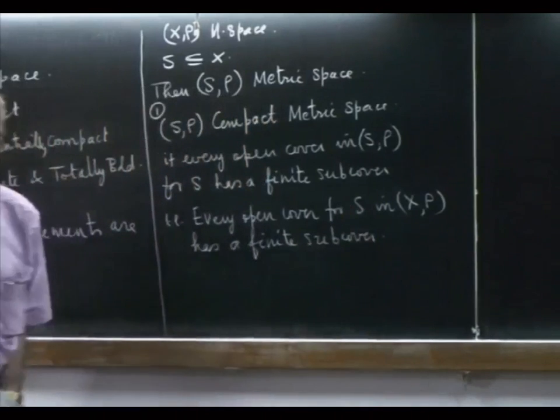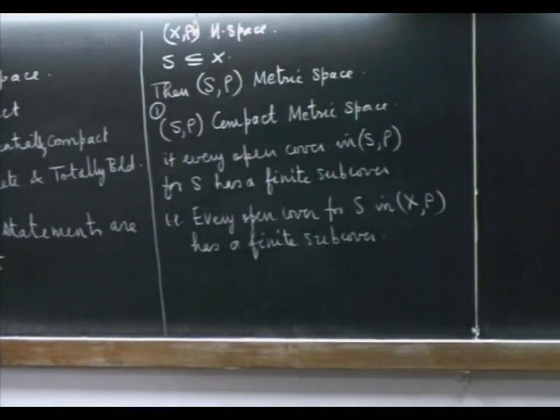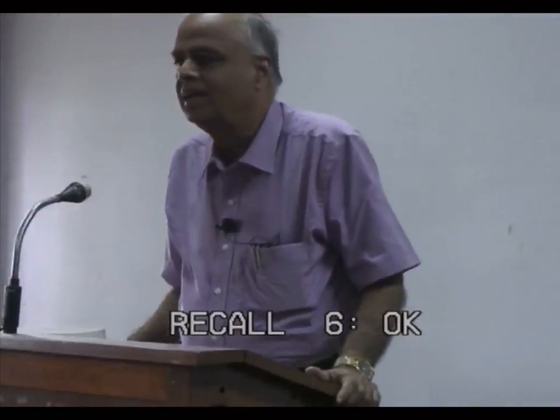So what is meant by this? When we say a subset is compact, we mean whenever an open collection covers that set, it may not be exactly equal to S but covers that set, then it must have a finite subcollection.